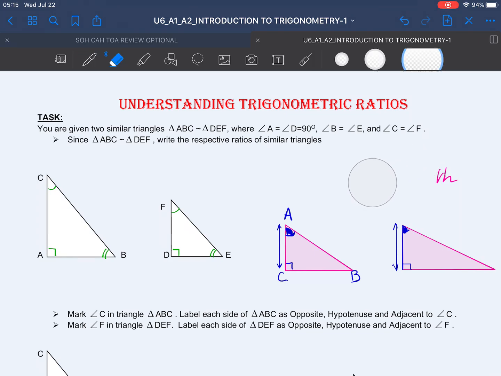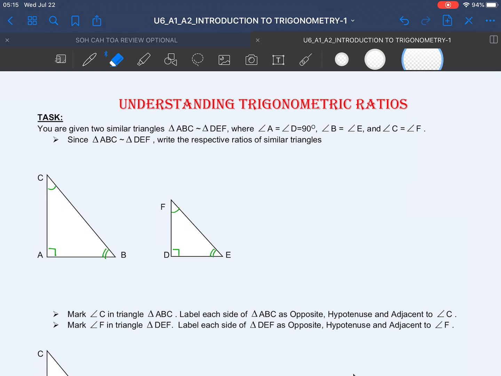I'm sorry, I'm going to delete this. And we're going to say that the ratio of AC over AB, so these two sides, must be the same as FD over DE. Just similar triangle property, right?